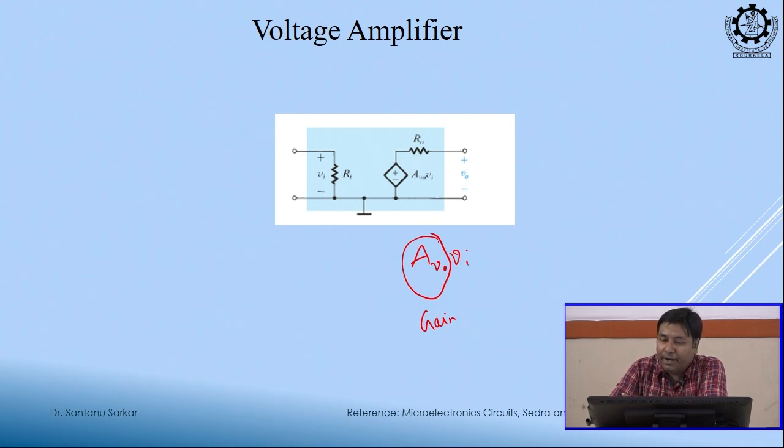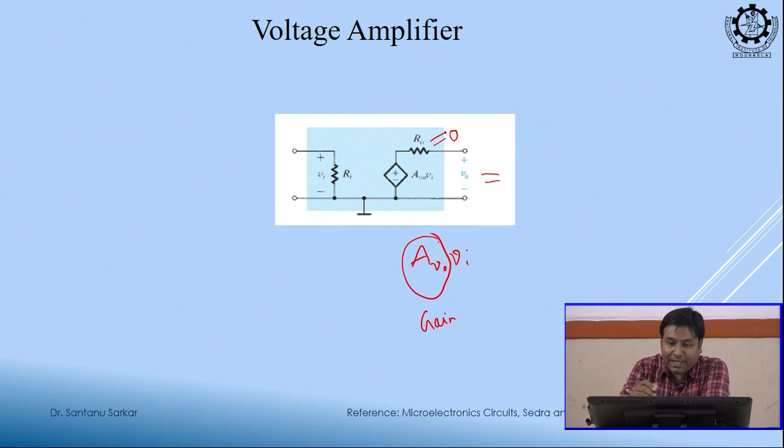If it is an amplifier, what is our aim? This V0 should be, just like I told you for a voltage source, our aim is to transmit all the voltage to the load. So similarly here, this should ideally be equal to 0.